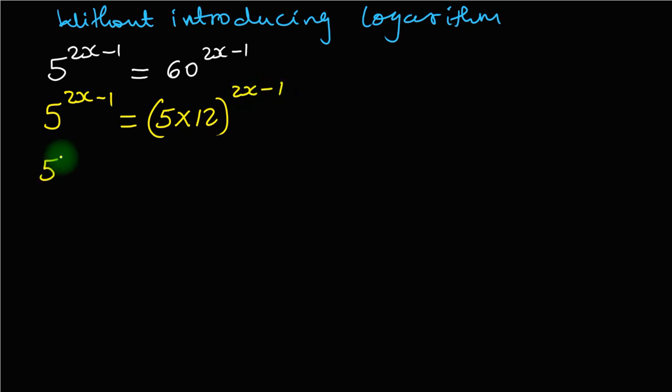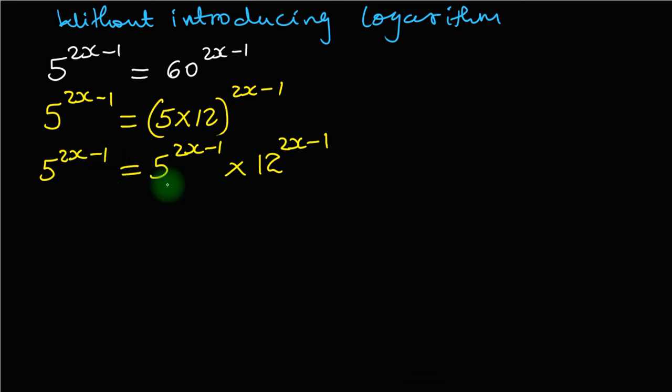Therefore, we have 5 raised to 2x minus 1 is the same as 5 raised to 2x minus 1 multiplied by 12 raised to 2x minus 1. If you check the left hand side and the right hand side, 5 raised to 2x minus 1 is common.